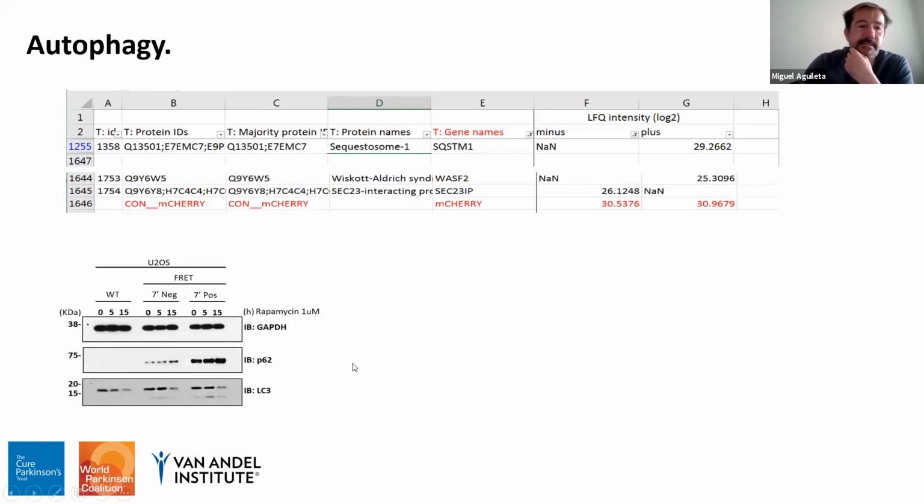We check for that. This time I'm checking wild type cells, also my clone 7, U2OS, no aggregates, and aggregates. I did a treatment for 0, 5, and 15 hours with rapamycin at this concentration. Rapamycin will trigger autophagy.